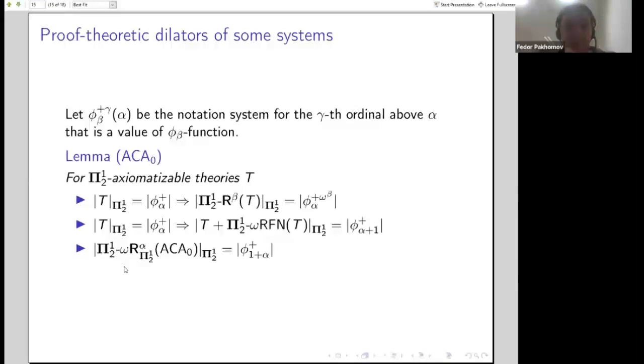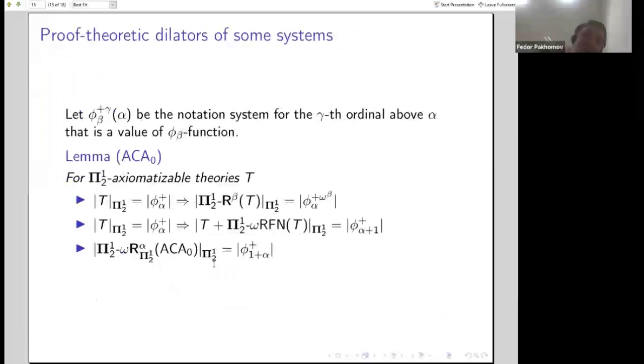And finally, by iterating this second line, we could obtain the third line, which characterizes iteration of omega model reflection. So this gives us that alpha times iteration of omega model reflection is this operator of phi plus of 1 plus alpha.